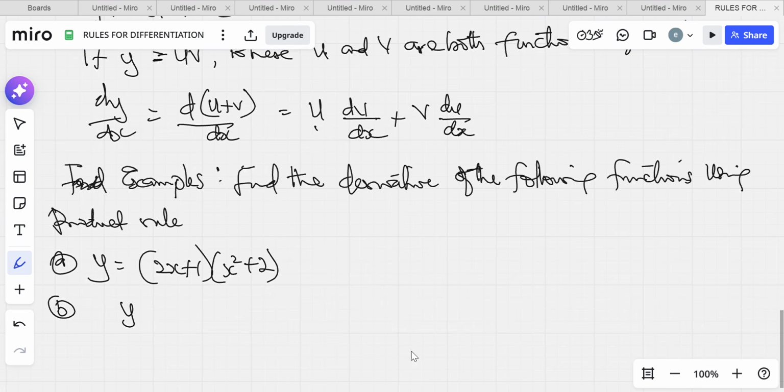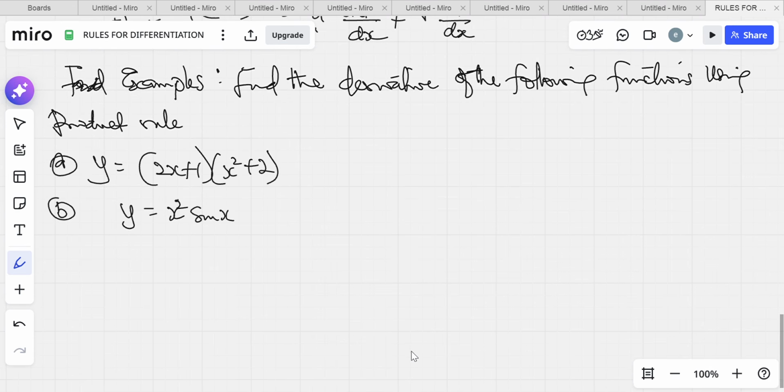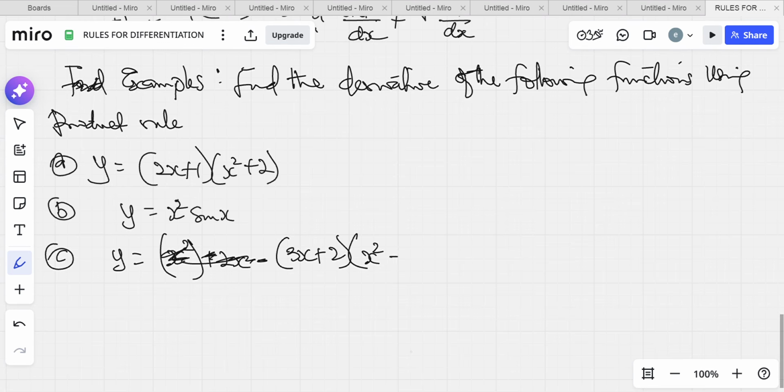The next one is y equals x squared sine x. The next one is y equals x squared plus 2x minus x squared, bracket, 3x plus 2 and what? x squared minus 4.